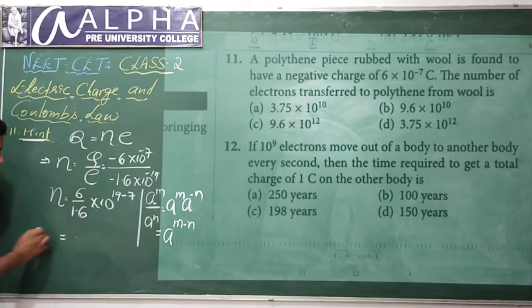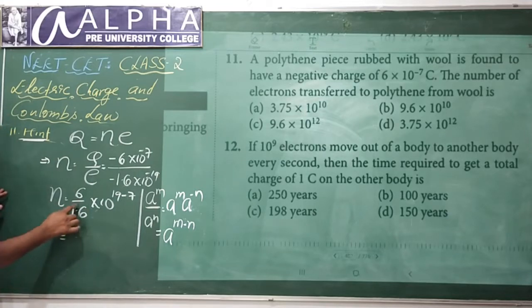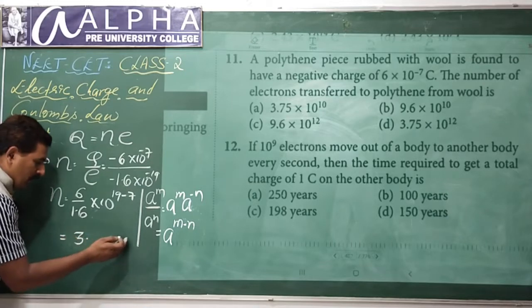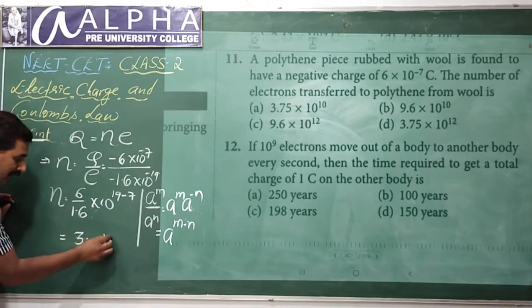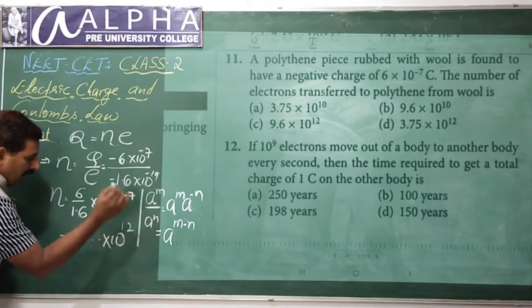Now the simplification is very simple. Let's identify the first digit. 16 fours are 64, so 16 threes are 48, so the first digit must be 3 point something. Now let's not bother about the fractional part of this number. Let's find the power. Power 19 minus 7, what is 19 minus 7? 12.